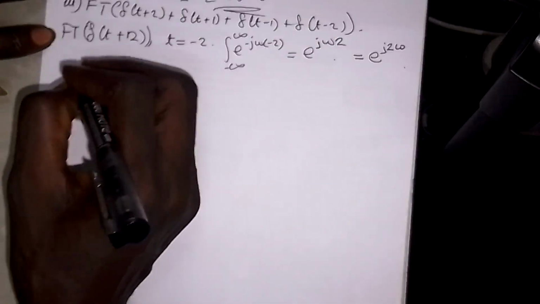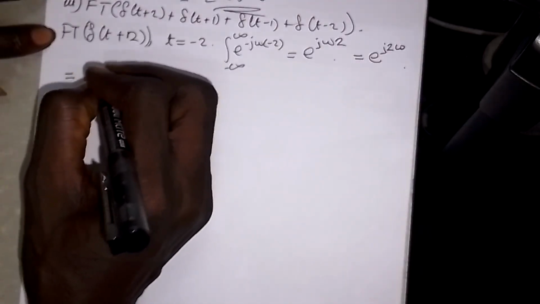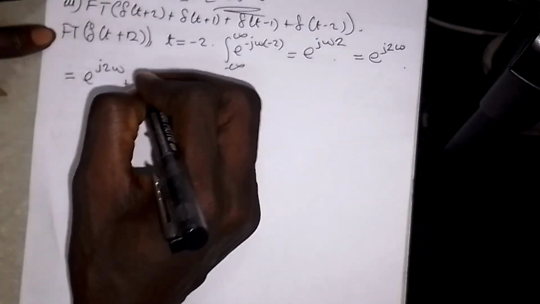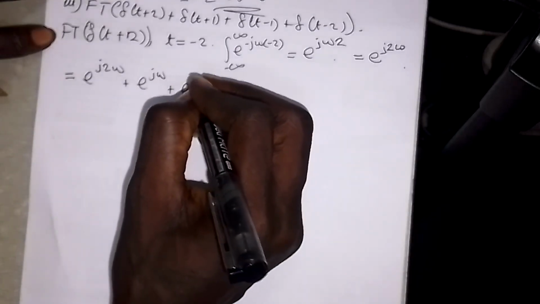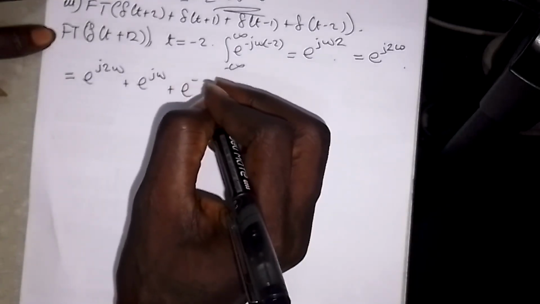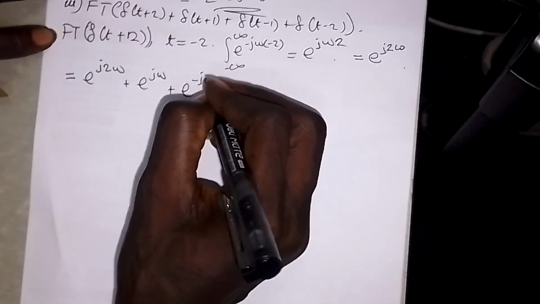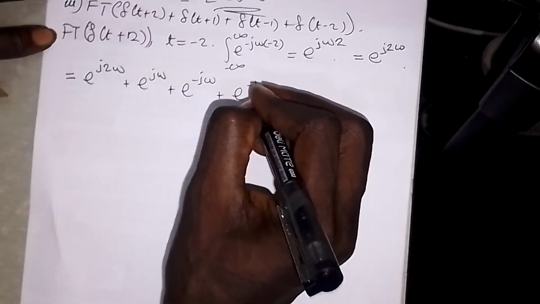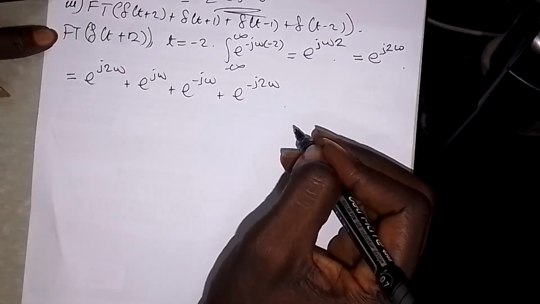So my Fourier transform is going to be e exponent j2 omega plus e exponent j omega plus e exponent minus j omega plus e exponent minus j2 omega.